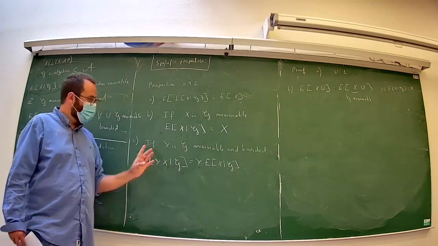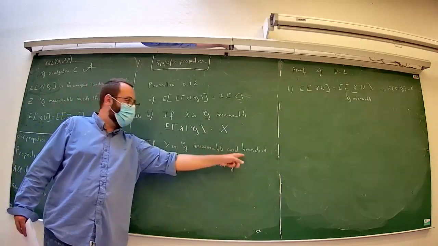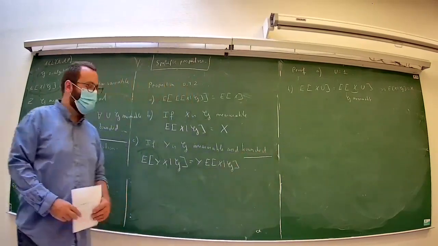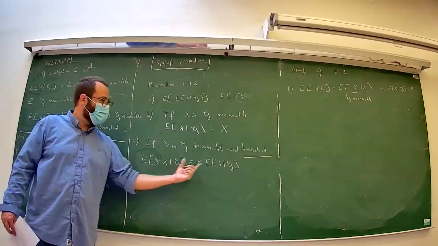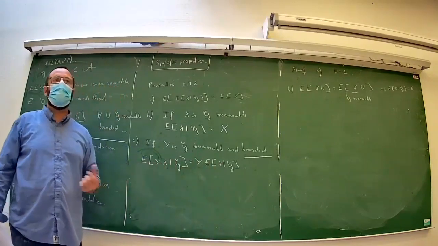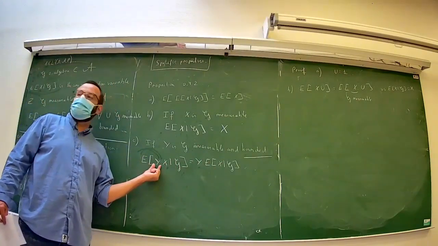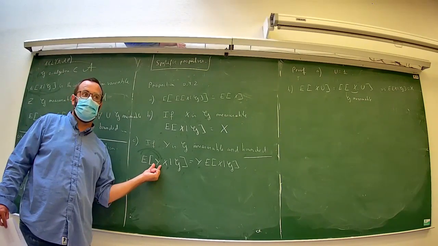Okay? So just a little remark. Here I suppose that y is J measurable and bounded. Why do I suppose it to be bounded? Just for technical reasons, because I want this product to be in L1. Conditional expectation is defined for L1 random variables. X is in L1. If I multiply by y that is bounded, I have something that is in L1 also.